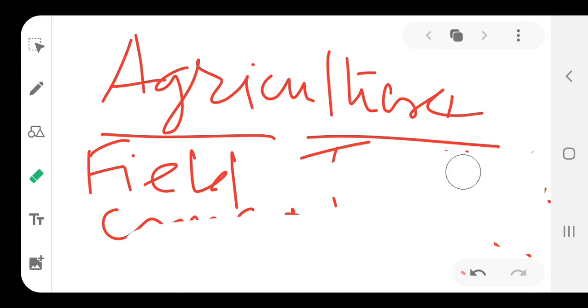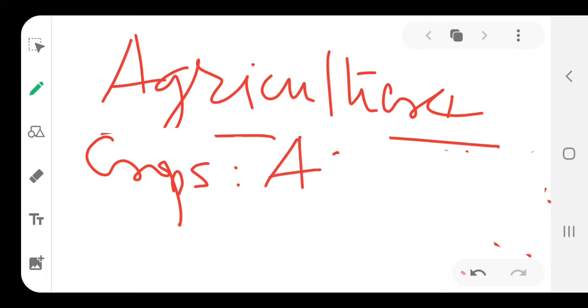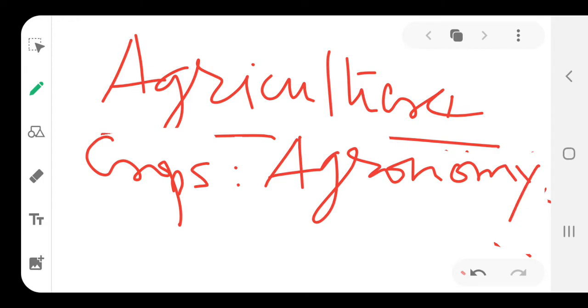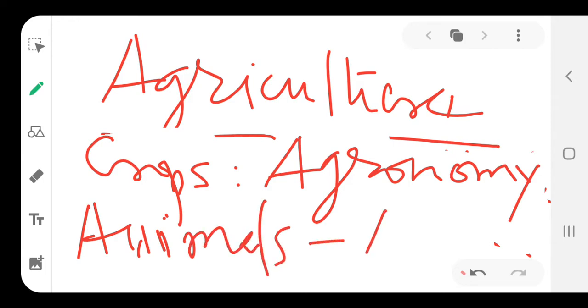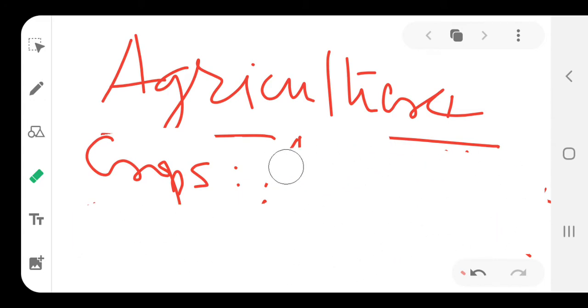And since it has two terms within it, for crop cultivation we use the word agronomy, okay, agronomy. And for animal domestication we use the word animal husbandry. So both animal husbandry and agronomy together make up agriculture. So write down the meaning separately.